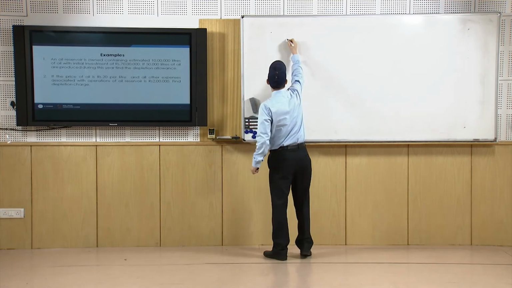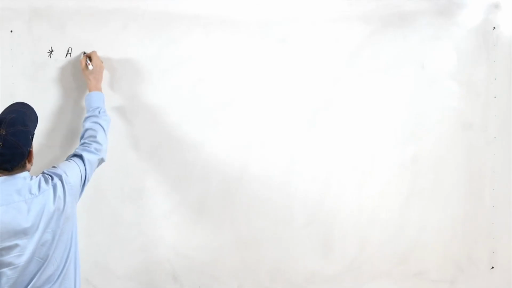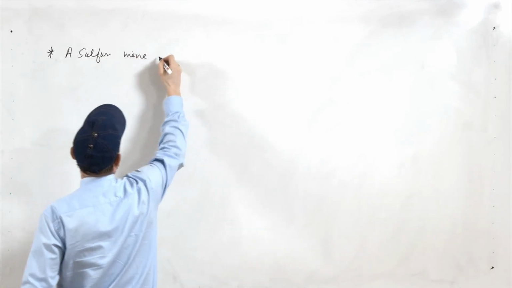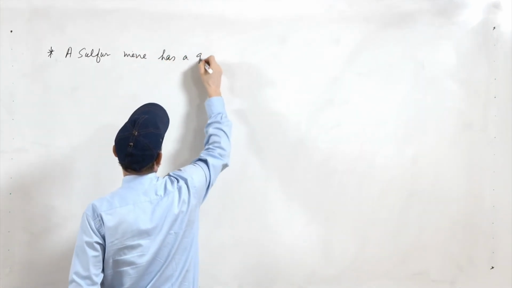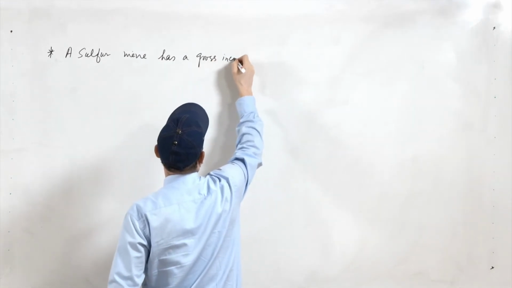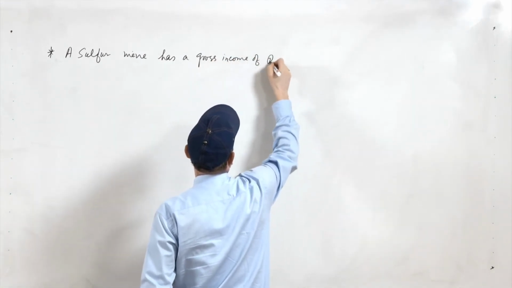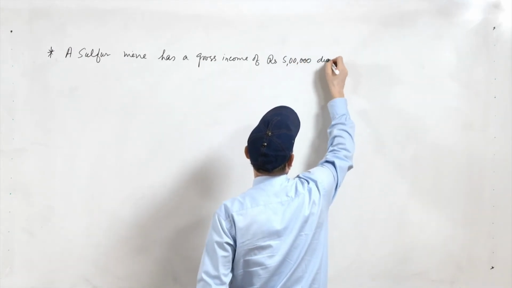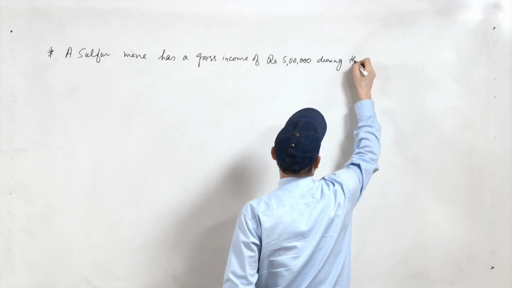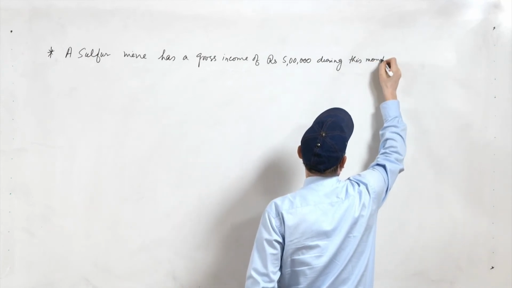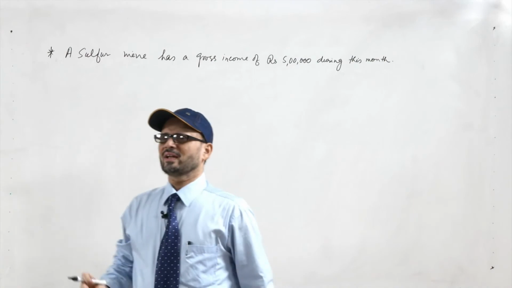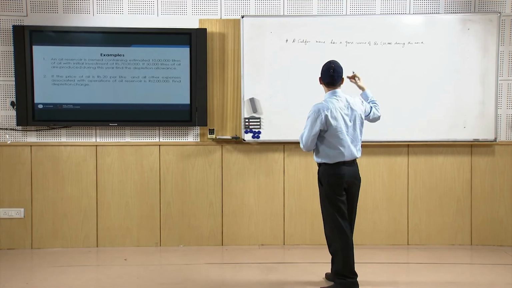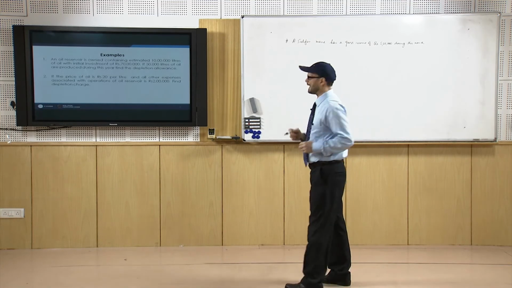Now, let us take an example that a sulphur mine has a gross income of rupees 5 lakh during this month. So, a sulphur mine is there which has sold the sulphur and it has generated an income of rupees 5 lakh.